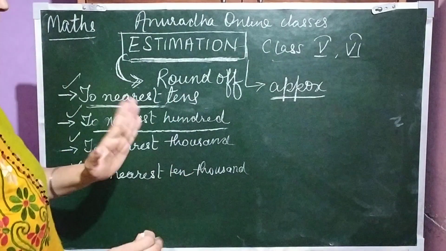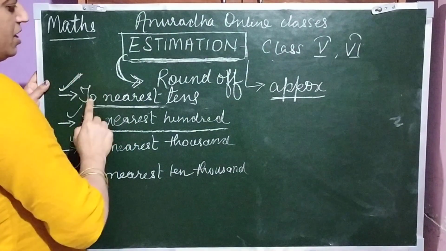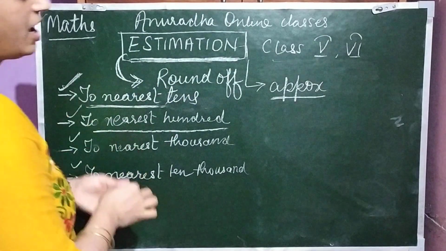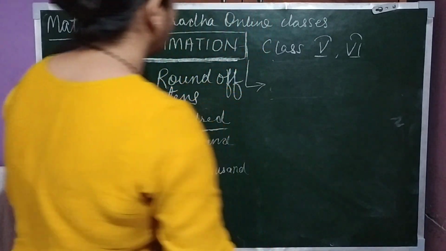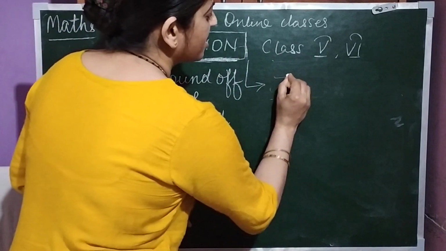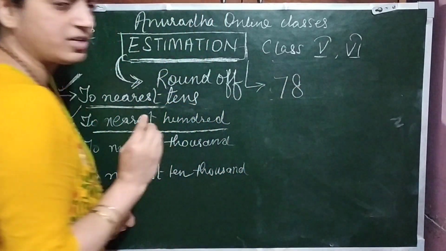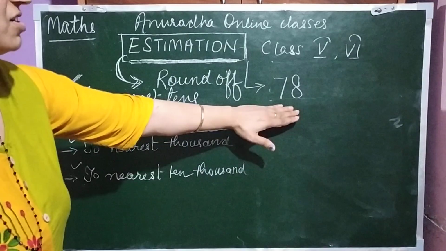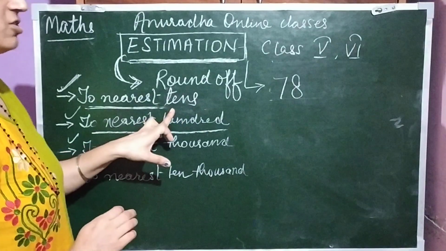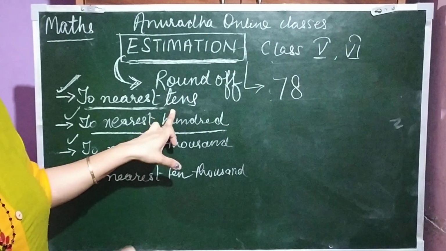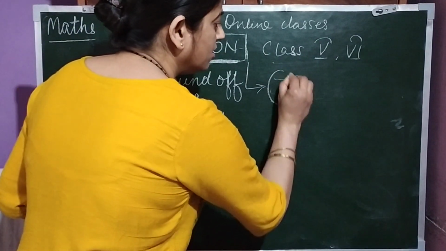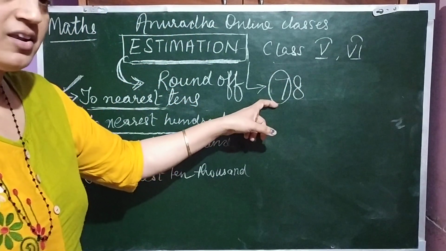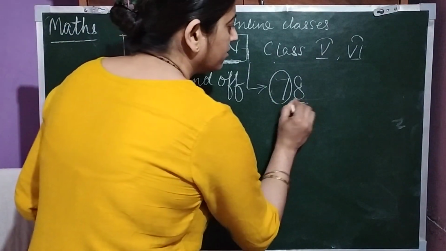Now let us take the first one. To nearest tens, I have taken one small number, that is 78, right? Now you have to round it off to nearest tens. For it, you have to circle 7 and underline 8.